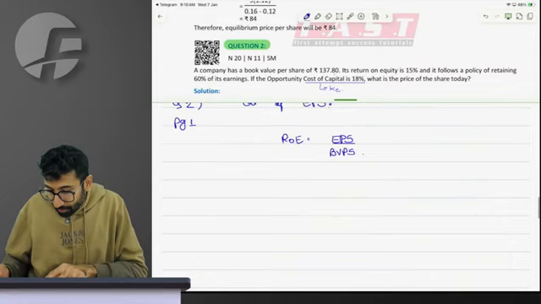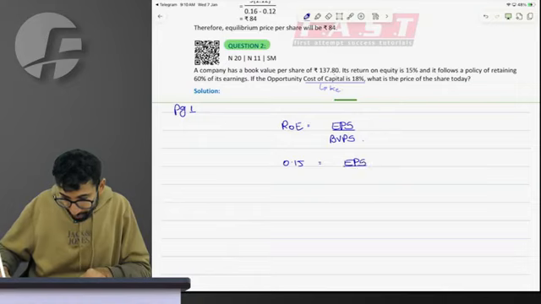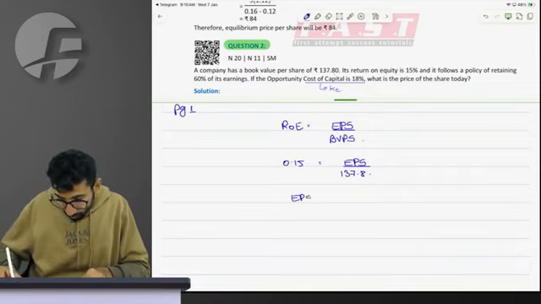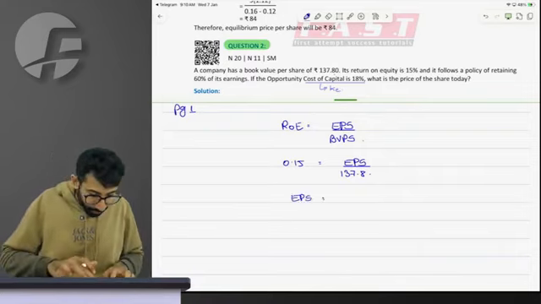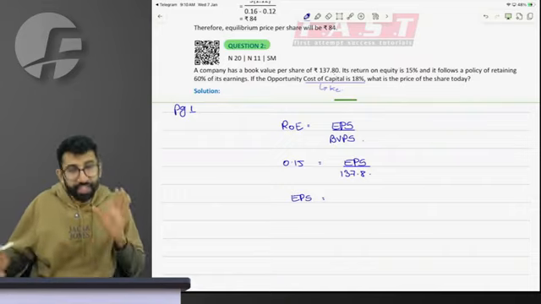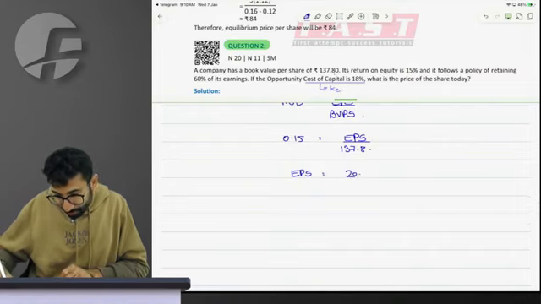Sir, ROE, which is right now 0.15, is equal to EPS divided by book value per share, which is 137.8. So how much does your EPS become? 137.8 multiplied by 0.15. So it is 20.67 rupees.